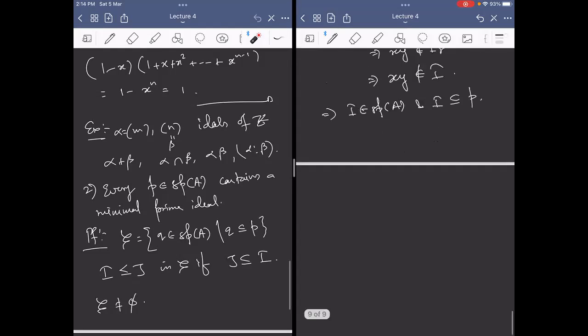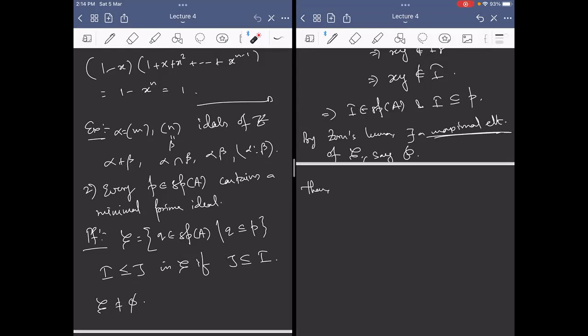And thus by Zorn's lemma, there exists a maximal element of C. But remember, a maximal element of C, by the definition of C and the partial order, becomes a minimal prime ideal of A. Say this is P'.